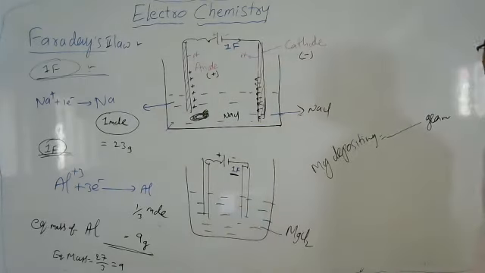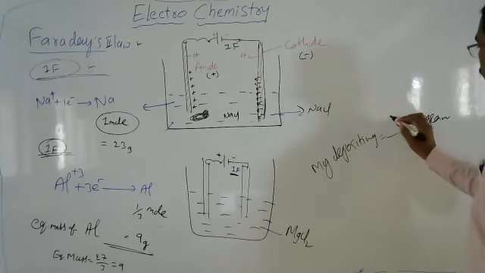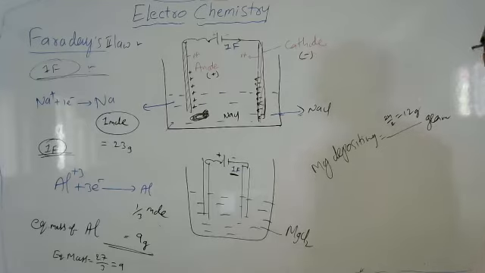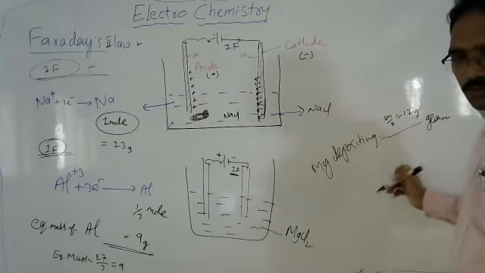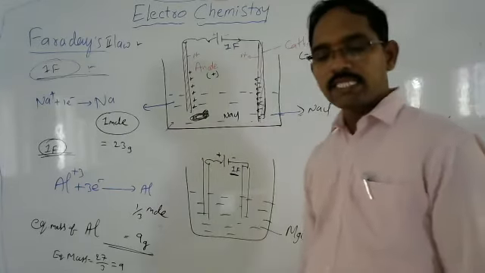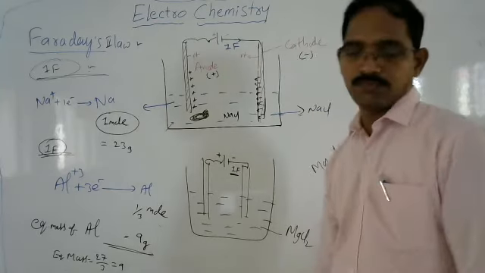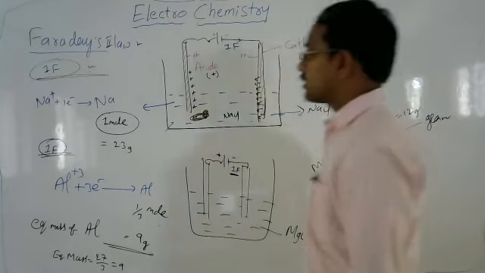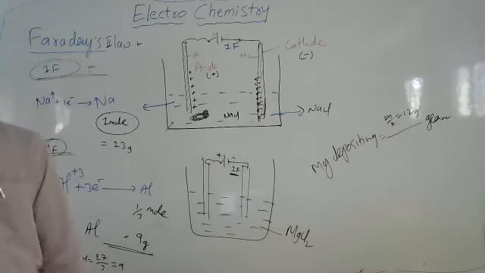That means 24 by 2, that means 12 grams. The 12 gram is also equal to the magnesium equivalent mass.